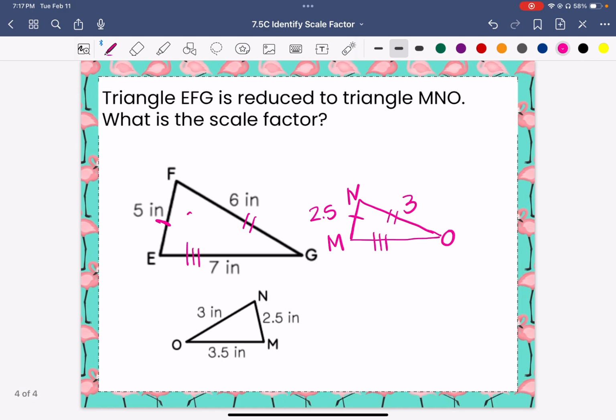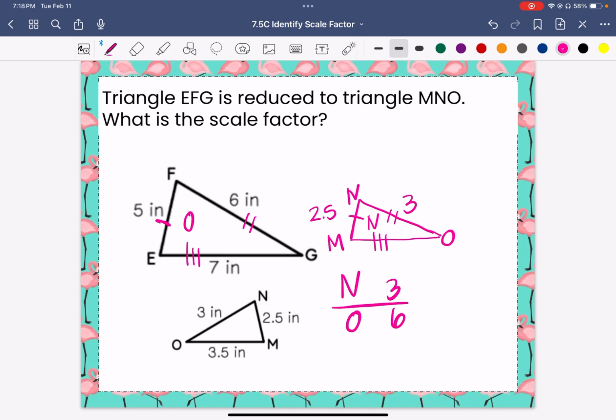Now, this is my old and this is my new image. In 8th grade, we call it pre-image and image. So we go back to that word we don't want to hear from our parents: NO. I don't want to mess with any decimals, so I'm going to use NO for 3. That dimension is 3. And then NO corresponds to FG, and that dimension is 6.